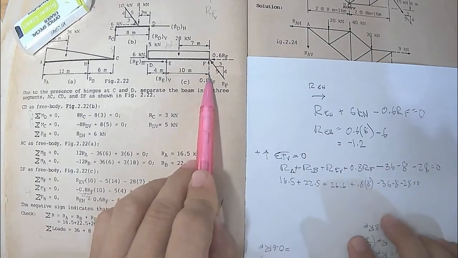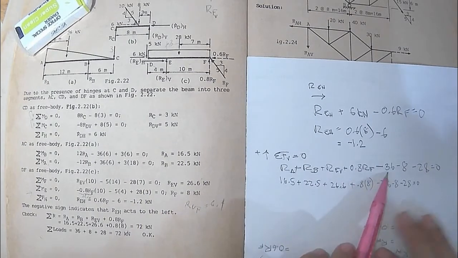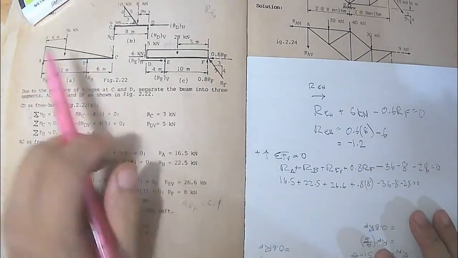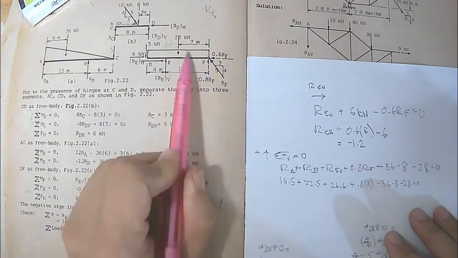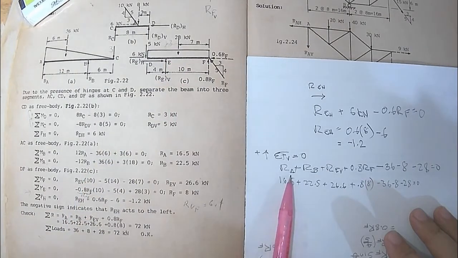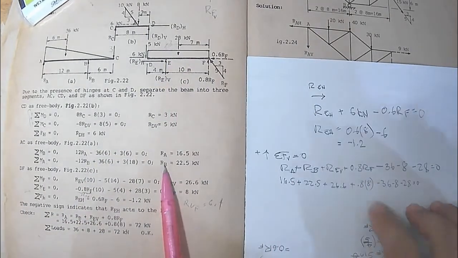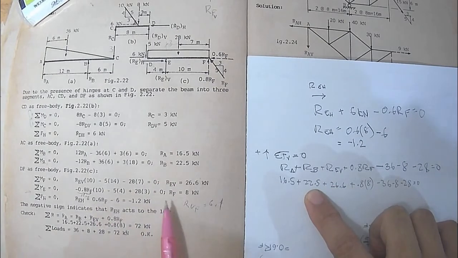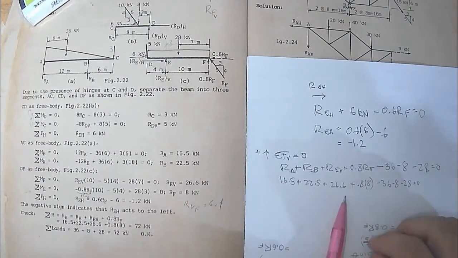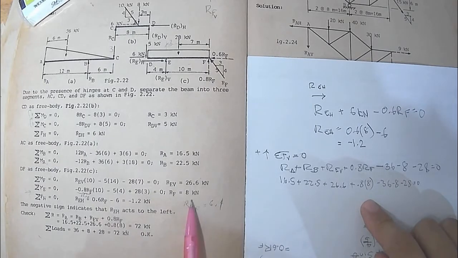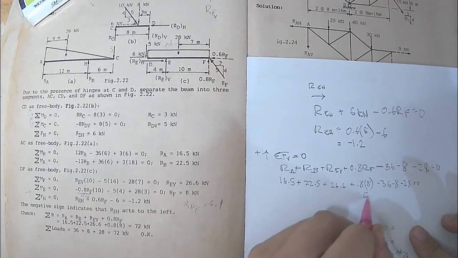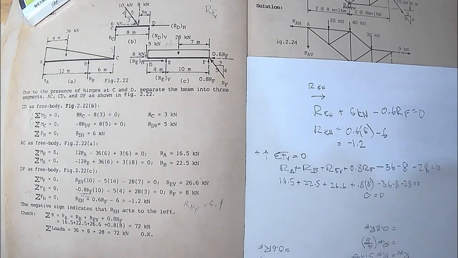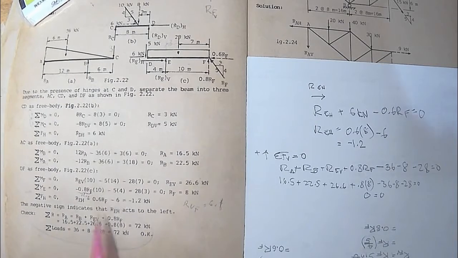And then minus the loads. So we have 36, then 8, and we have 28. For RA, we have 16.5. For RB, 22.5. For RE vertical, 26.6. And then 0.8 RF. Then minus 36, minus 8, minus 28. So that is equal to 0. Which is basically the same as this.